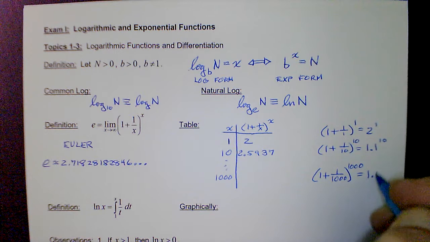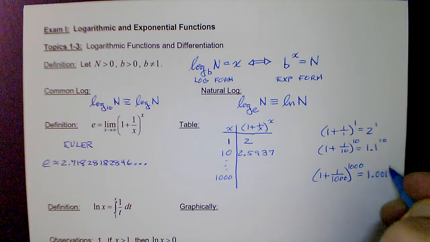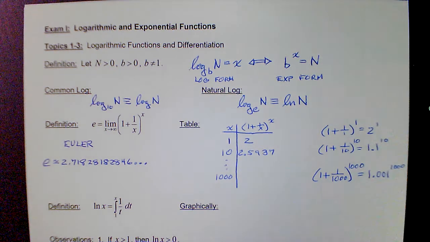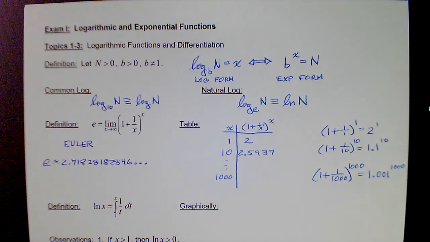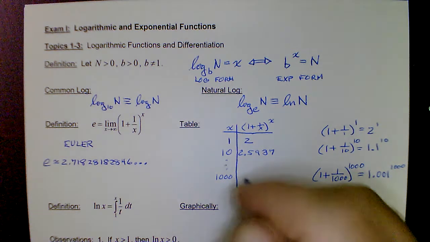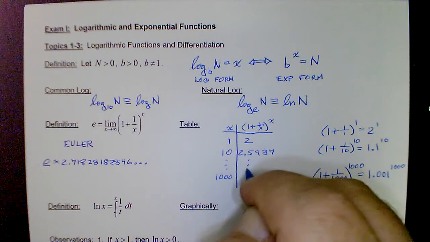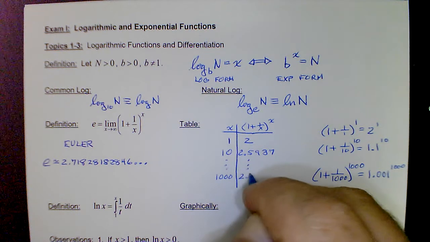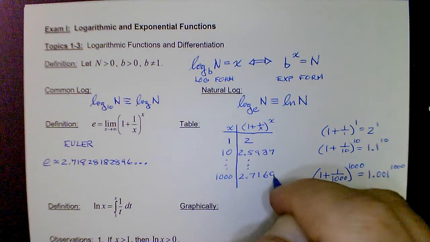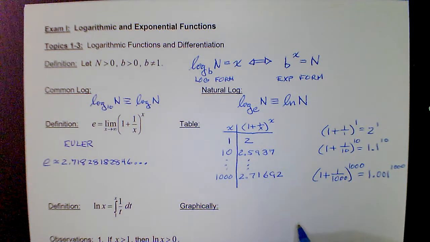So that'd be 1.001 raised to the 1000 power. And that gives us 2.71692, and then a bunch of digits after that.